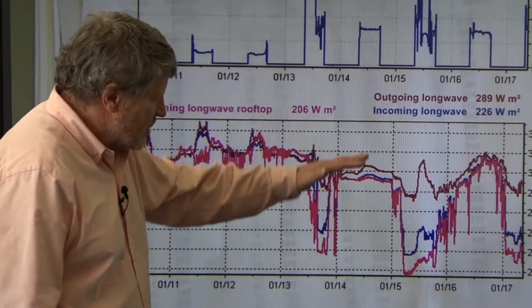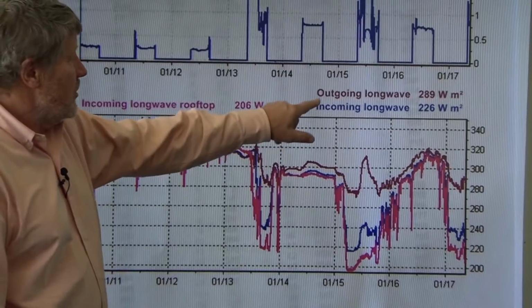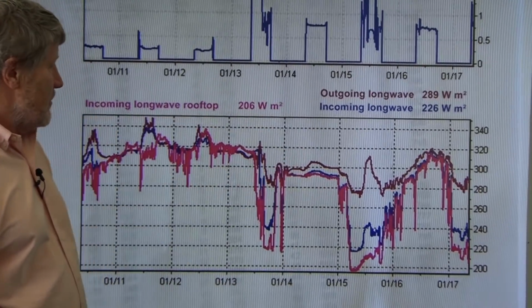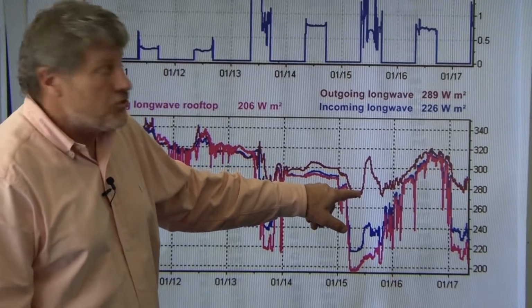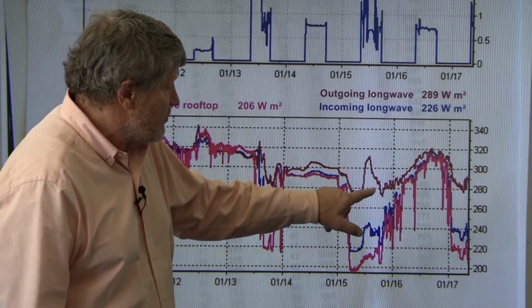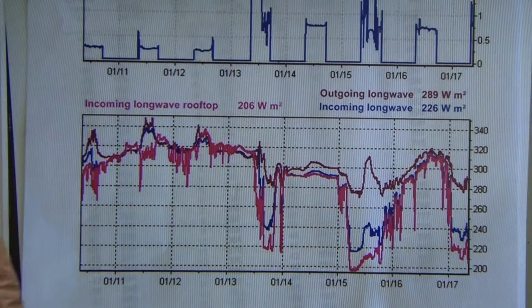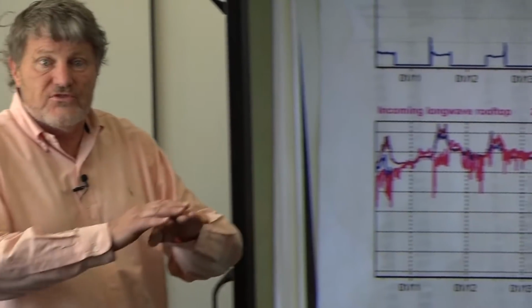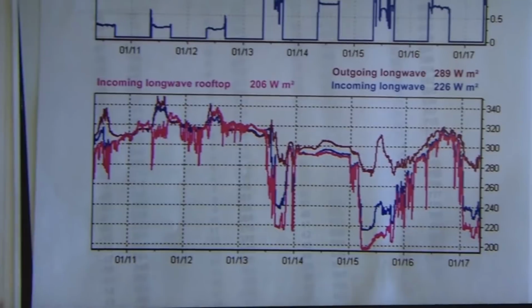And whenever it gets clear, the sky gets cold. Outgoing longwave is just based on the temperature of the ground, and that's this purple line. And you can tell the temperature of the ground because the outgoing longwave was 280 to 300, which is right just slightly below 0. The surface of the snow up there was probably -3 degrees.